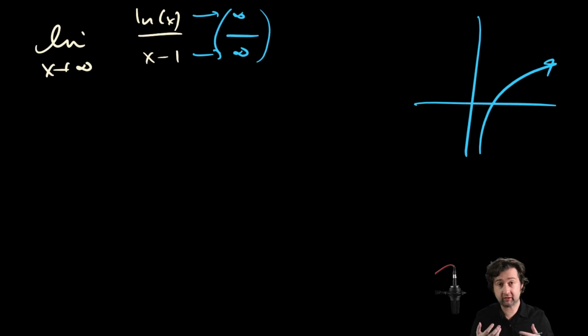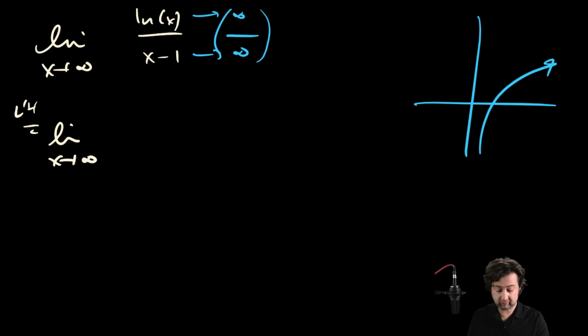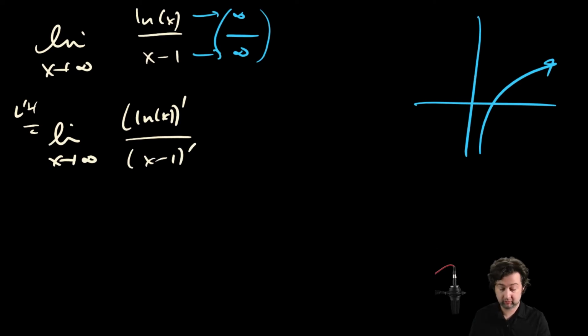So we're looking at an infinity over infinity indeterminate form, but we can use L'Hopital's rule in that case as well. So we can rewrite this by L'Hopital's rule as the limit as x goes to infinity of the derivative of the natural log divided by the derivative of x minus 1, which is equal to the limit as x goes to infinity of 1 over x over 1, just like before.